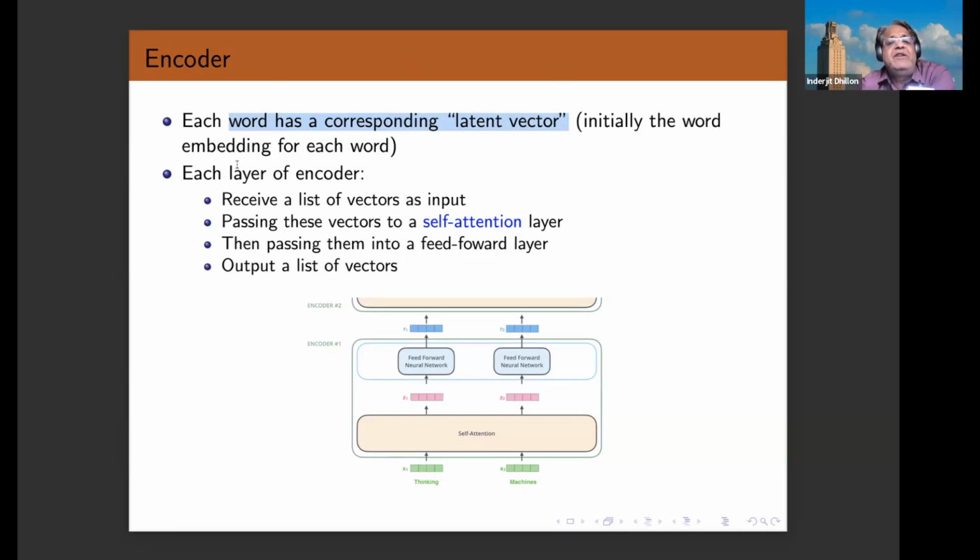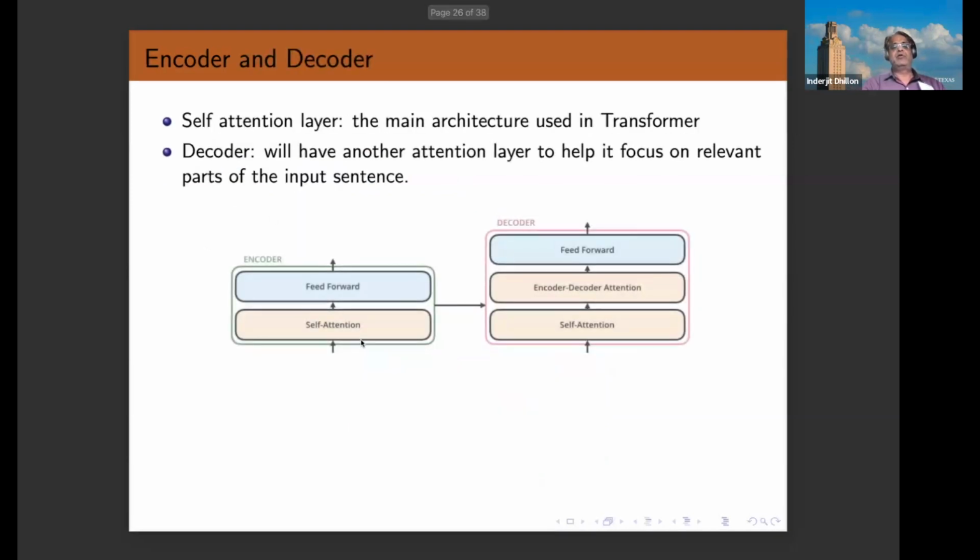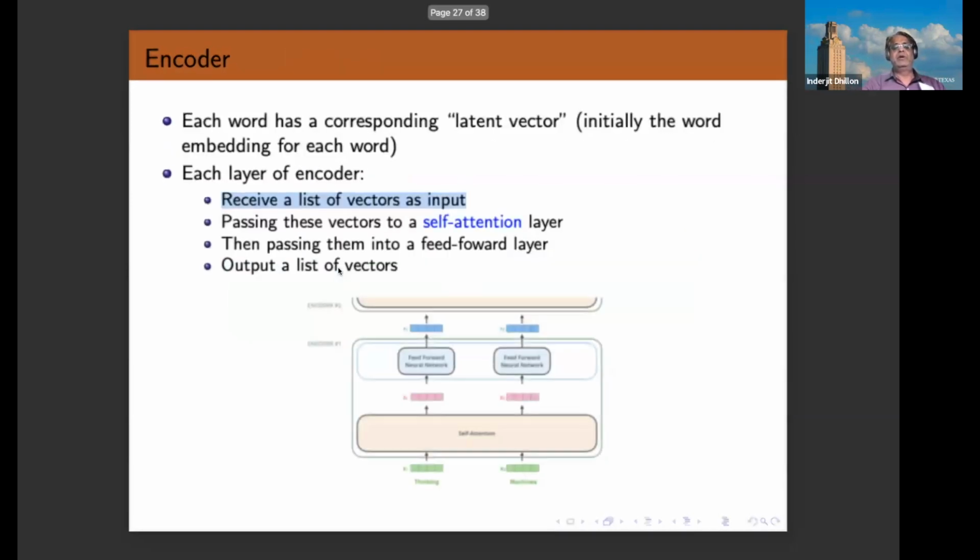And more precisely, each layer of the encoder will do the following. It'll receive a list of vectors as input. So if you're thinking about machine translation, the input sentence is there, and when I say a list of vectors, it is a vector for each of the words in the input sentence, right? So if the sentence is of size, let's say 10, then it will receive a list of 10 vectors. Then, like we said over here, there's going to be a self-attention and a feed-forward.